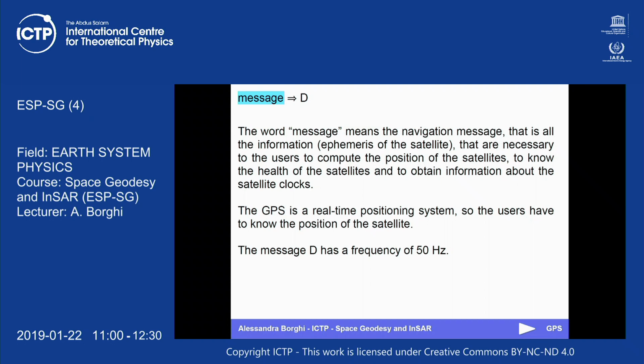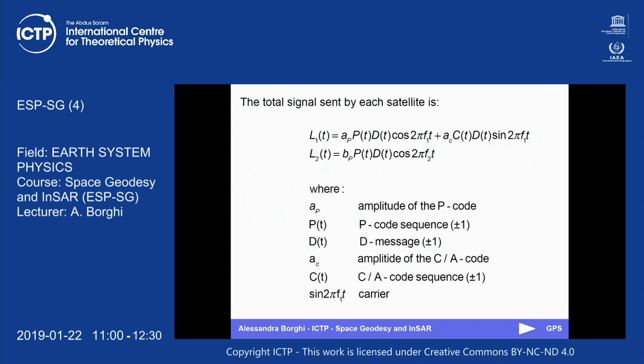And this is very important to have real-time positioning. There is also information about the health of the satellite, like a flag, telling if you can use this observation or not, depending on the quality of the working of the satellite, and also information about the satellite clocks.